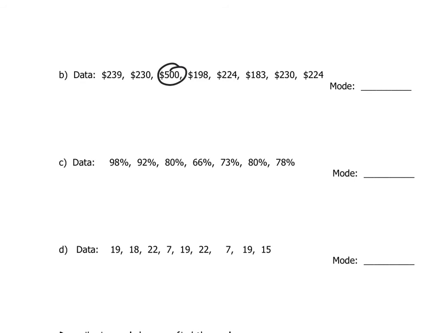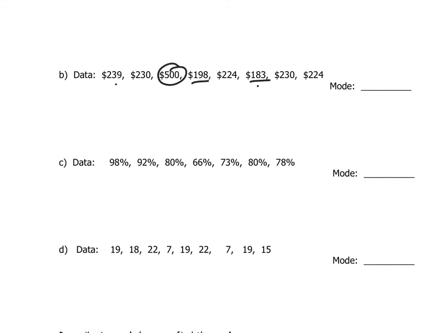In fact, it's about 250 or 60 more than the rest of the numbers, at least. Even though these two are not in the 200s, they're in the high 100s. So the range between the numbers besides 500 would be from 183 to 239. So that's a distance of roughly 50 or so.